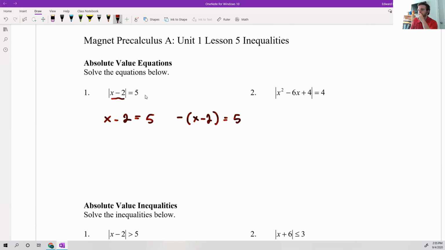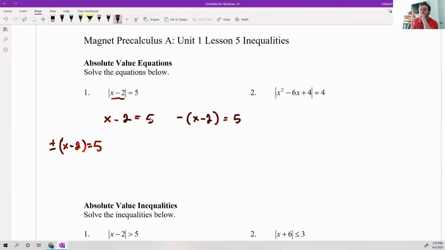But this gives us the idea that our absolute value is actually like a plus or minus of the expression equals an answer, which gives you also the expression equals minus or plus of the answer. I like that. Plus or minus x minus 2 needs to be 5 for this statement to be true.